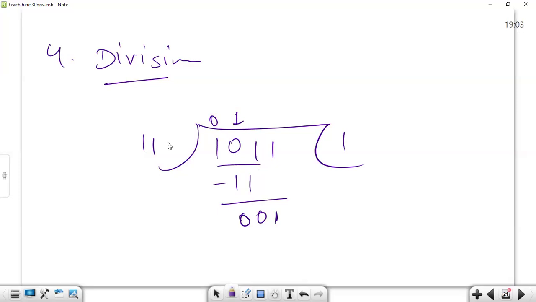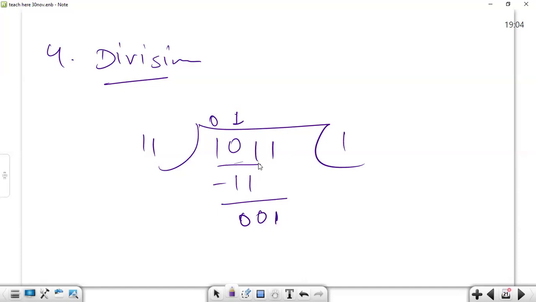Let's see if I have made any mistake. 1 cannot be subtracted by 10, because 1 0 is actually 2 in the decimal number system and this is basically 3, so no. We had to take the first 3 digits and multiply by 1, so 11 into 1 becomes 11 only. Sorry for my incorrect narration. You have to pronounce it as 1 in binary.